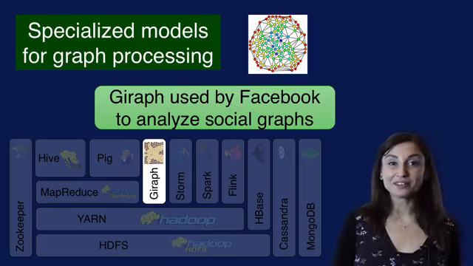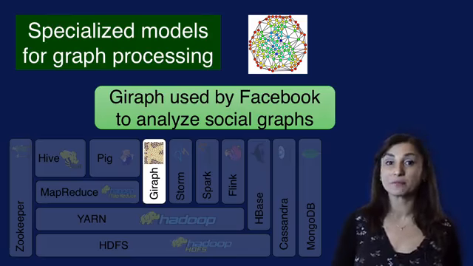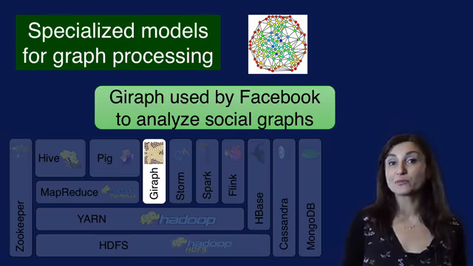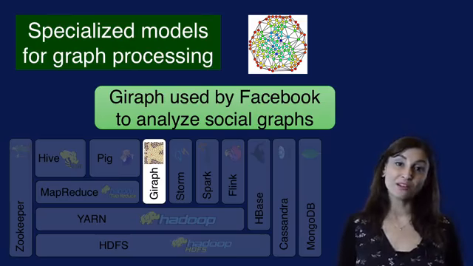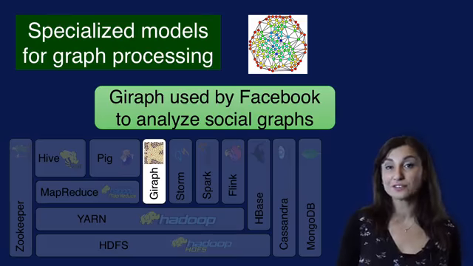Thanks to Yarn's ability to manage resources not just for MapReduce but other programming models as well, Giraph was built for processing large-scale graphs efficiently. For example, Facebook uses Giraph to analyze the social graphs of its users.